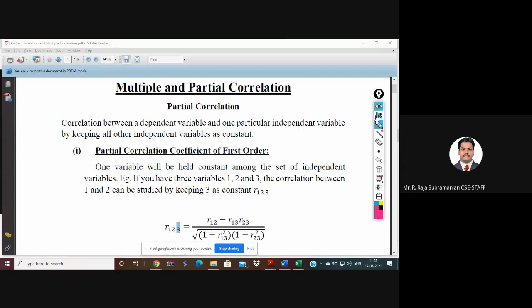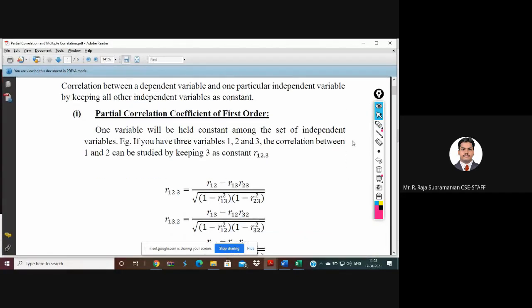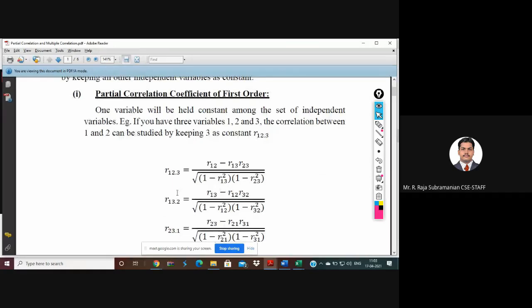Now, R12.34 is going to be an 8 mark or 16 mark question, where you study the formula. But for R12.3, do you remember the quiz we kept for machine learning, quiz 1? There I gave one table, then I asked you to calculate R12, and from R12, I asked you to calculate R12.3 and so on. Here, assume that I give you R12, R13, R23.